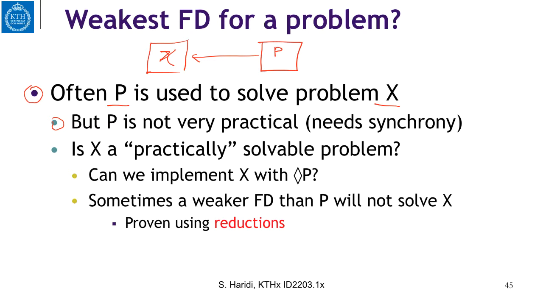And synchrony means that we only can solve the problem in the synchronous system model. So quite often the question becomes, is X a practically solvable problem? Which, for example, means, can we solve the problem with diamond P? So sometimes a weaker failure detector than P will not solve a problem X. And this is proved through the reduction relationship.